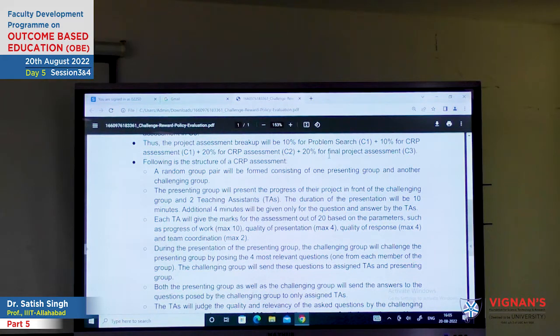So, how many people are assessing a group? 2 TAs along with the challenging group will do the assessment. TAs are on behalf of the teachers. The teacher is also sitting there, and may not evaluate, but the challenging group along with TAs will.